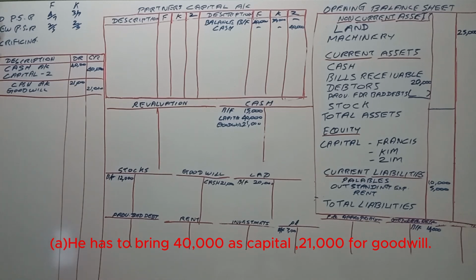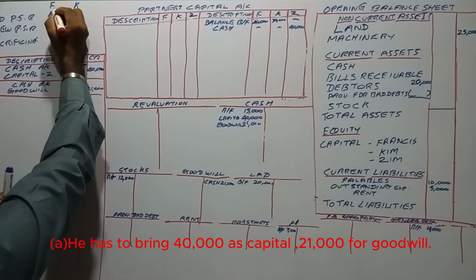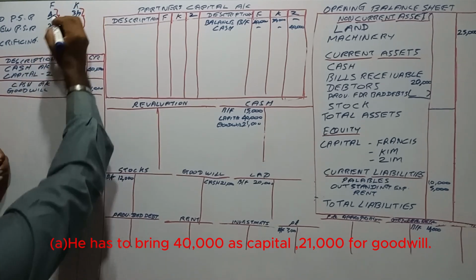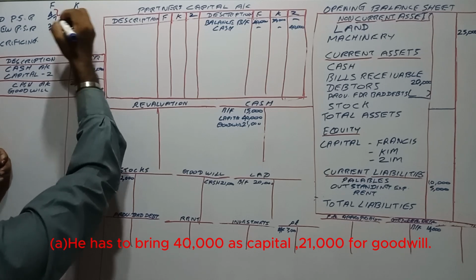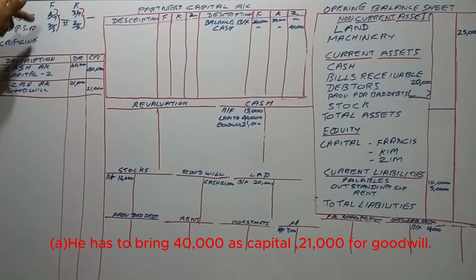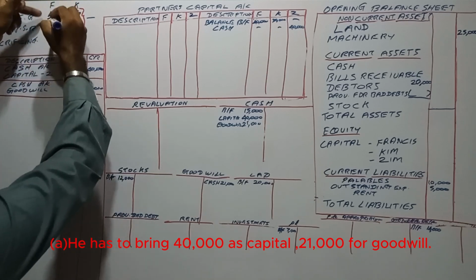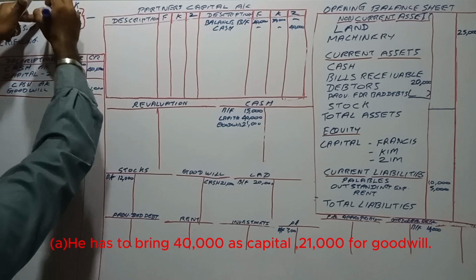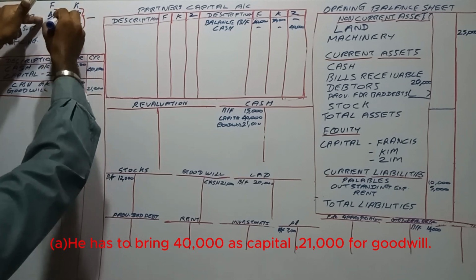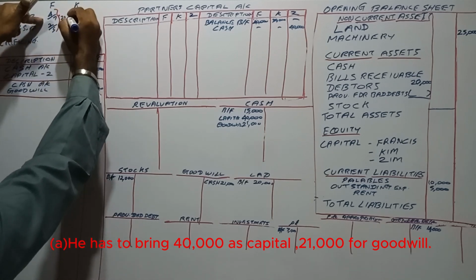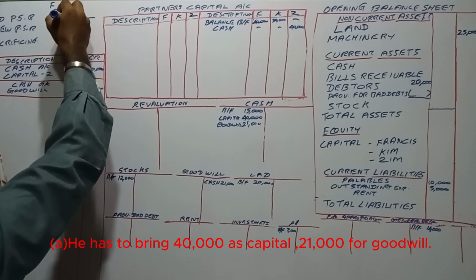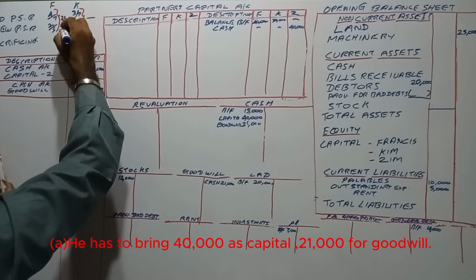So here we have to see the sacrificing ratio. We have to deduct the new from the old. The LCM is 35. 7 into 5 is 35, 5 into 4 is 20, 7 into 2 is 14, so it is 6 upon 35.